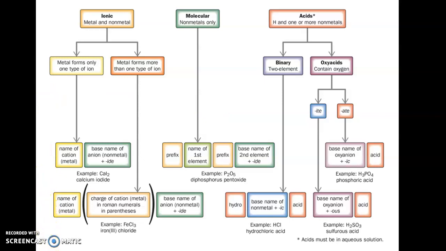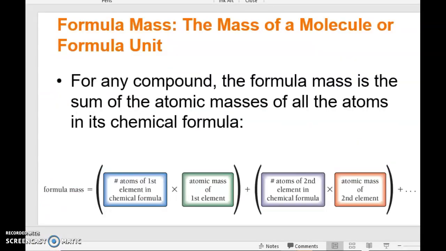All right, the last thing for this chapter is the formula mass, and this is the mass of a molecule or formula unit. For any compound, the formula mass is the sum of all of the atomic masses of all of the atoms in the chemical formula. The atomic masses are listed on the periodic table. So you're going to take the number of the atoms.